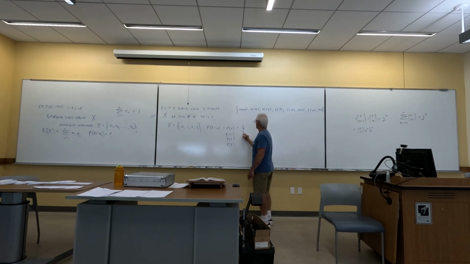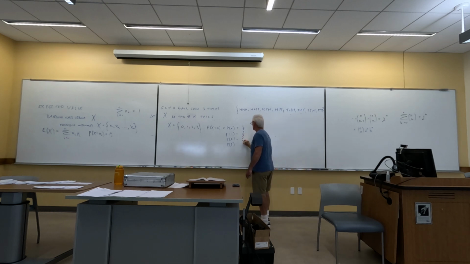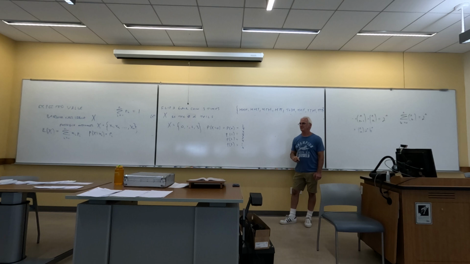So 3/8. How about 2 tails? Also 3/8. And 3 tails. 1/8. 1, 3, 3, 1. Does that surprise us at all? No. I kind of saw that one coming.